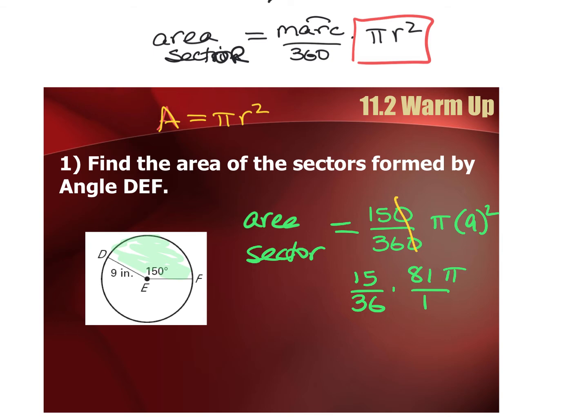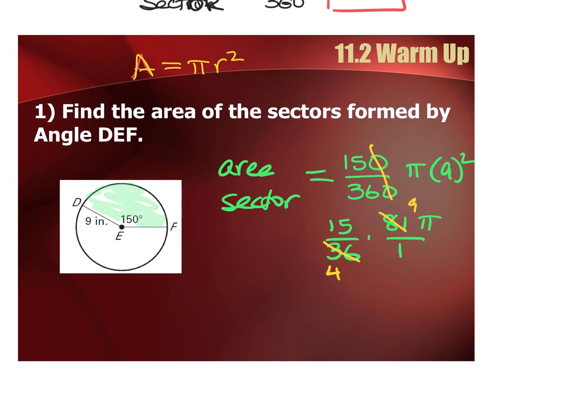But if not, you're going to have to break it down by hand. I can divide this diagonal both by 9, make this a 4, and make this a 9. Nothing else simplifies, so I'm just going to go ahead and multiply now. So the area of the sector is going to be 135 over 4 pi, and these are inches squared.